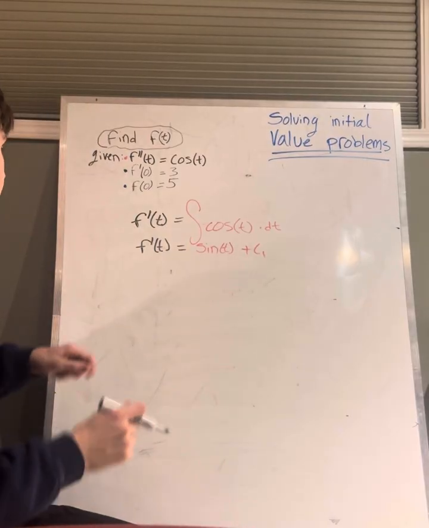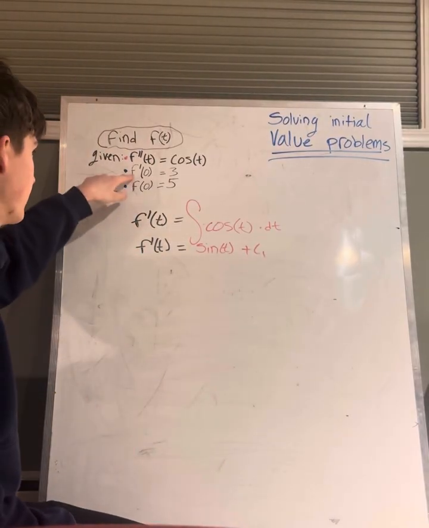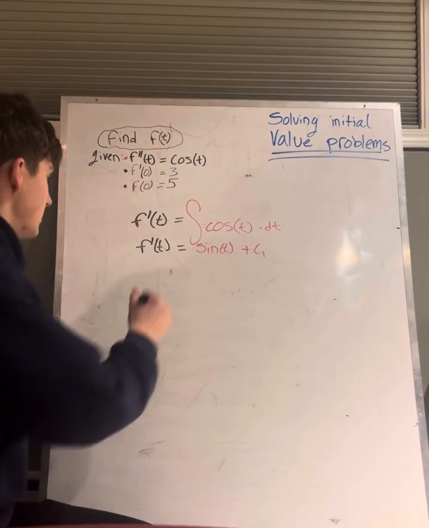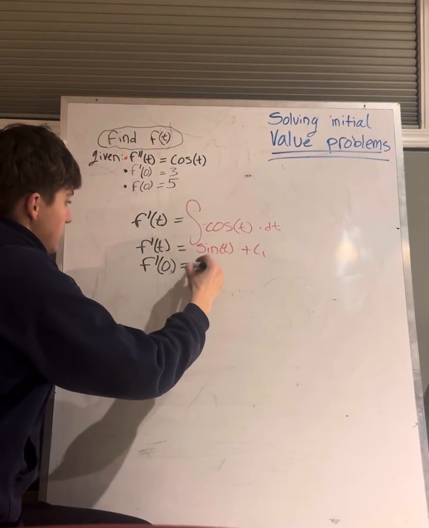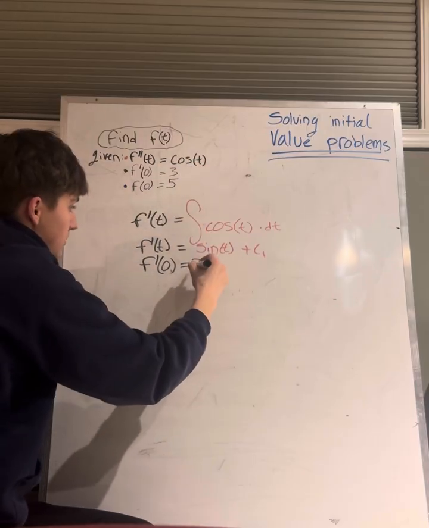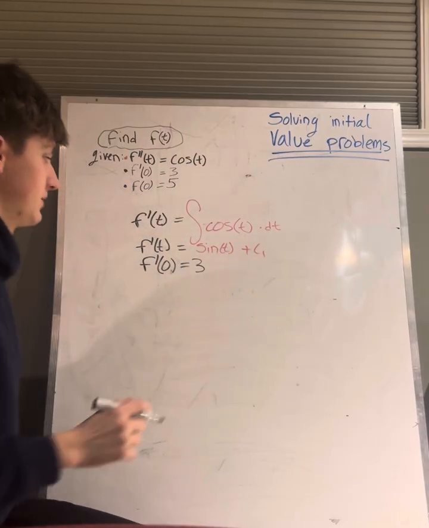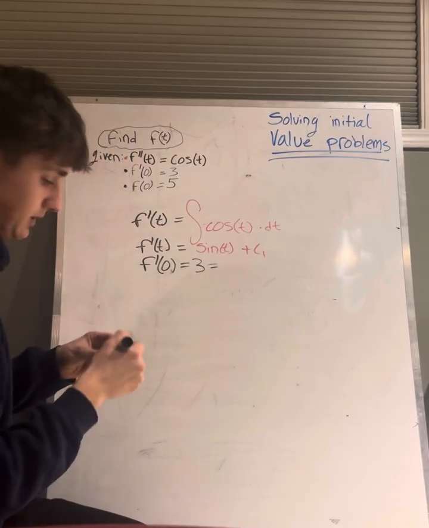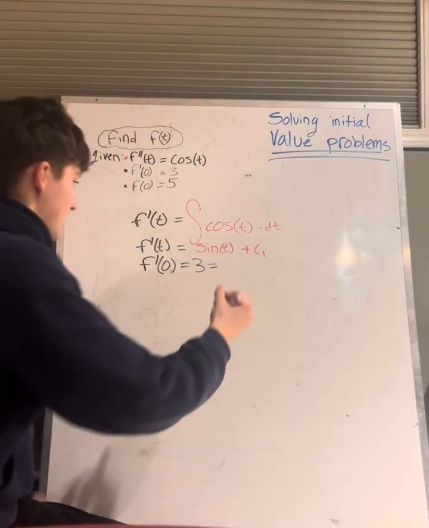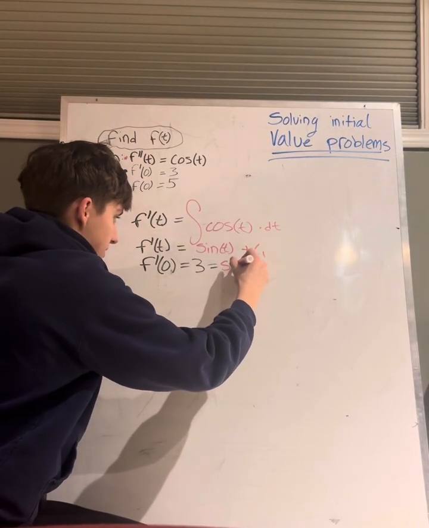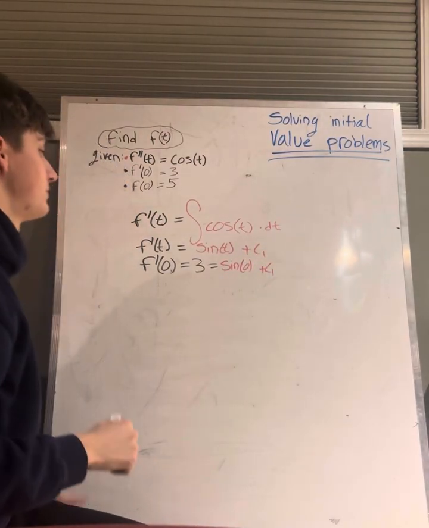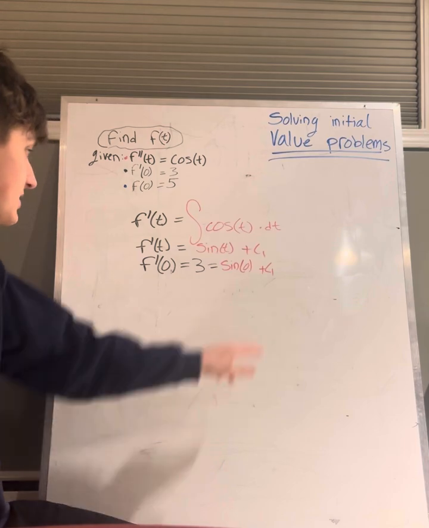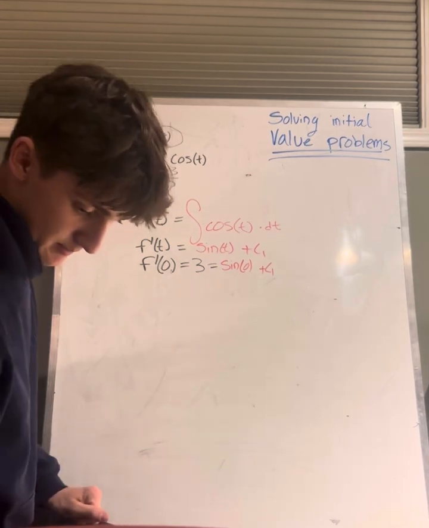All right, we know something else here about the first derivative. We know that the first derivative at time 0 is equal to 3. But we know that f prime of t is equal to this, so we can set those two values equal. Sine at time 0 plus some constant 1. We're doing this to solve for this constant, by the way.